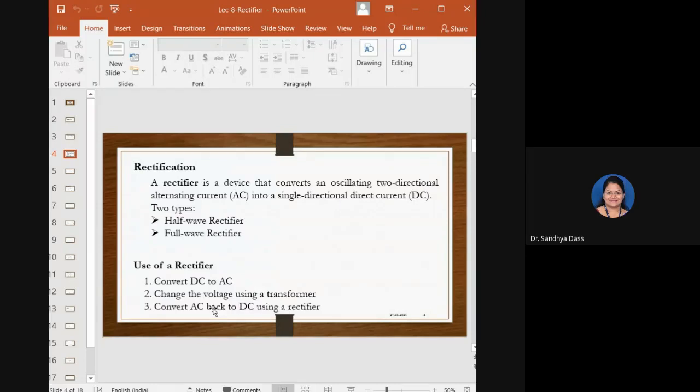The rectifier circuits are broadly classified into two categories: half wave rectifier and full wave rectifier. A half wave rectifier is the one where the conversion takes place only in half of the cycle of the input, and in a full wave rectifier, in both the cycles, that is positive half and negative half of the input signal, the rectification takes place. That's why the names half wave and full wave, which we will discuss in detail in the coming classes.